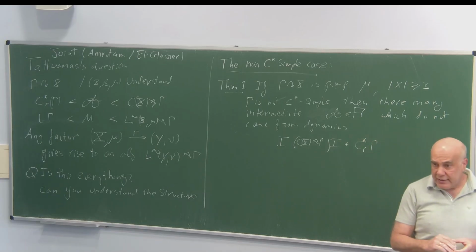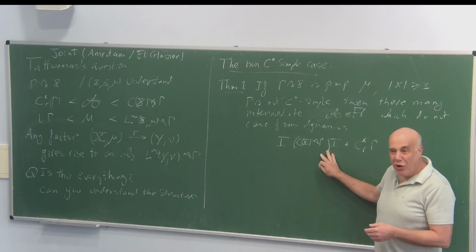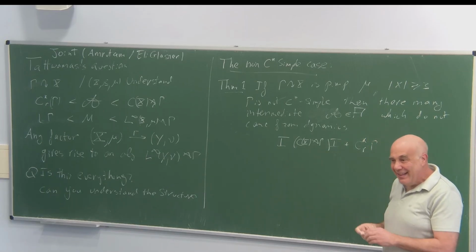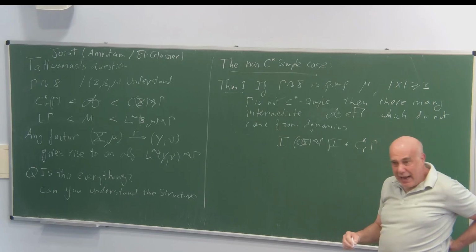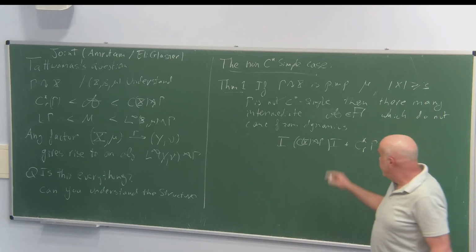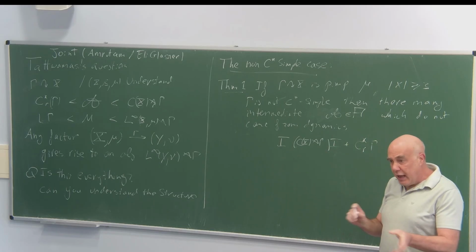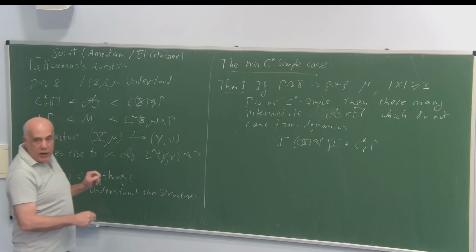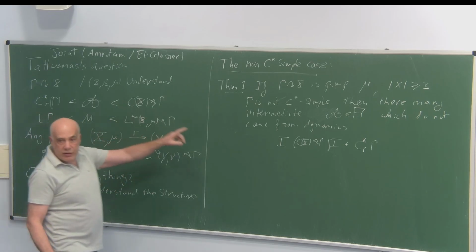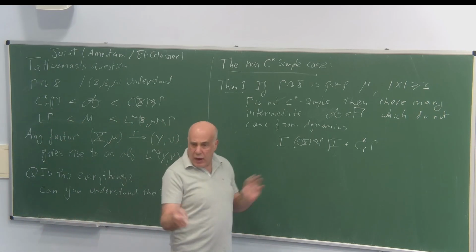It requires some work. I mean, it seems kind of obvious. It's an algebra. It's not constructed in that fashion, but it's actually some work to prove that these algebras are not of that form, that secretly there is no factor that gives rise to this.